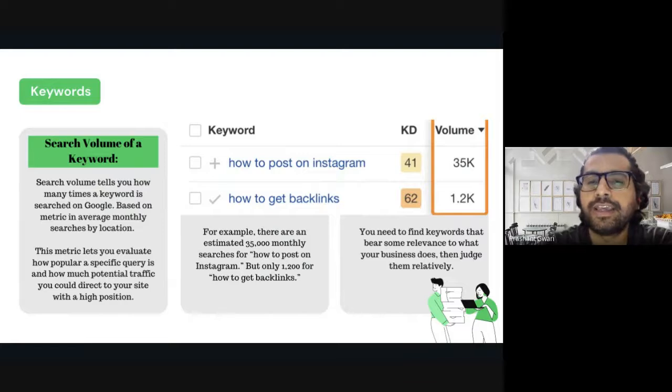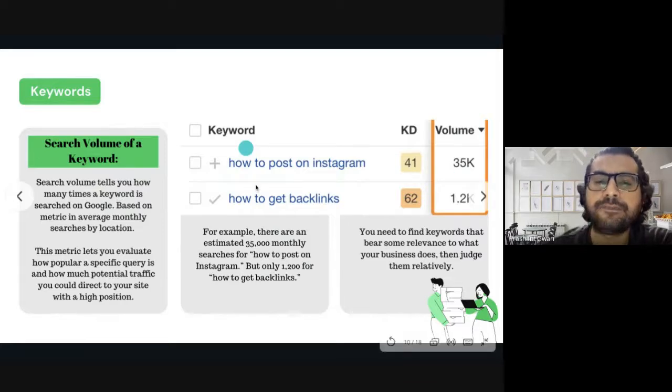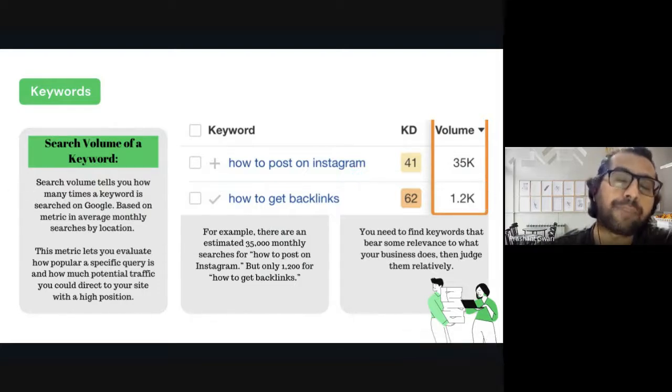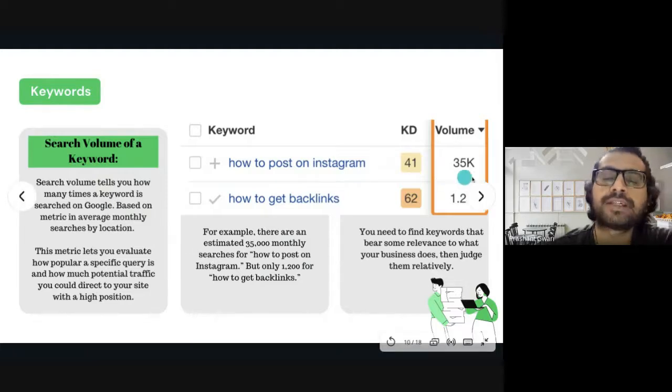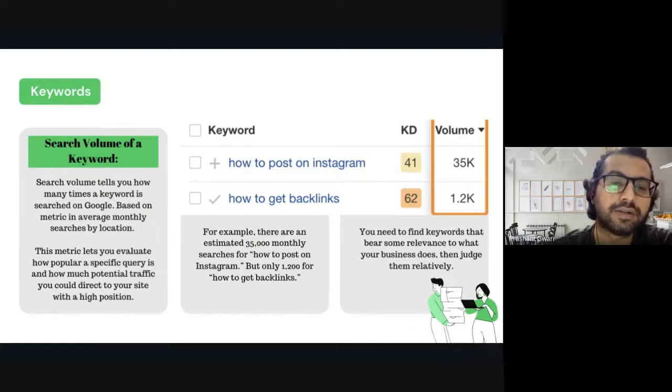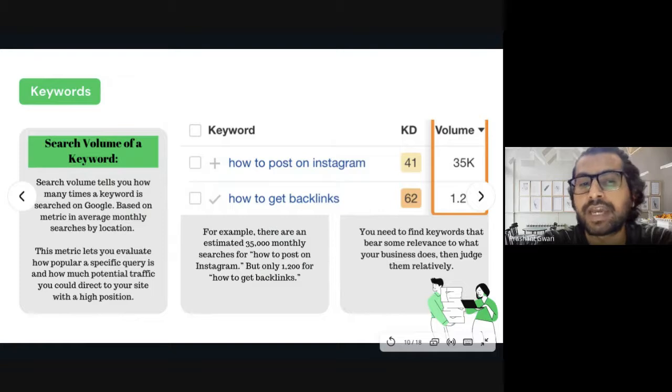If you write a blog on how to post on Instagram, and if your blog appears on the first rank or on the first page, that much traffic you can generate, 35,000. So this tells you how much traffic you can potentially generate if you choose the right keyword.